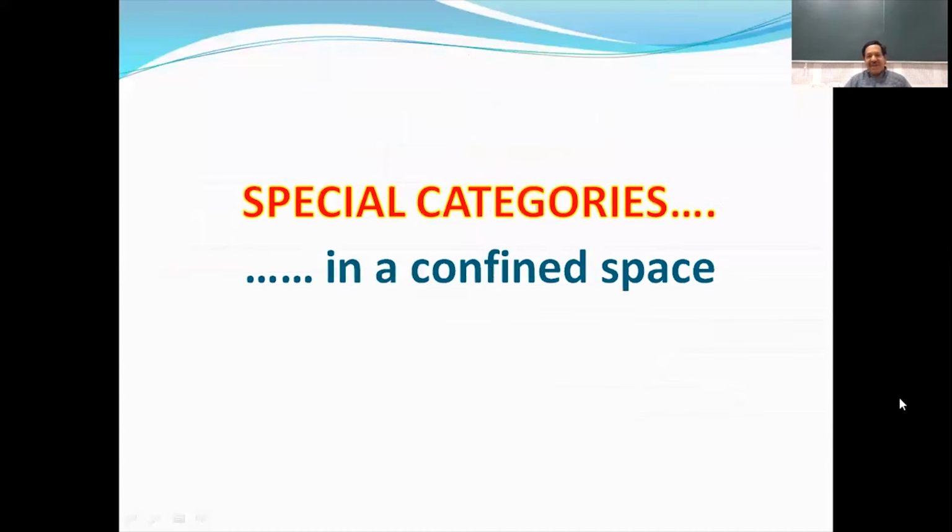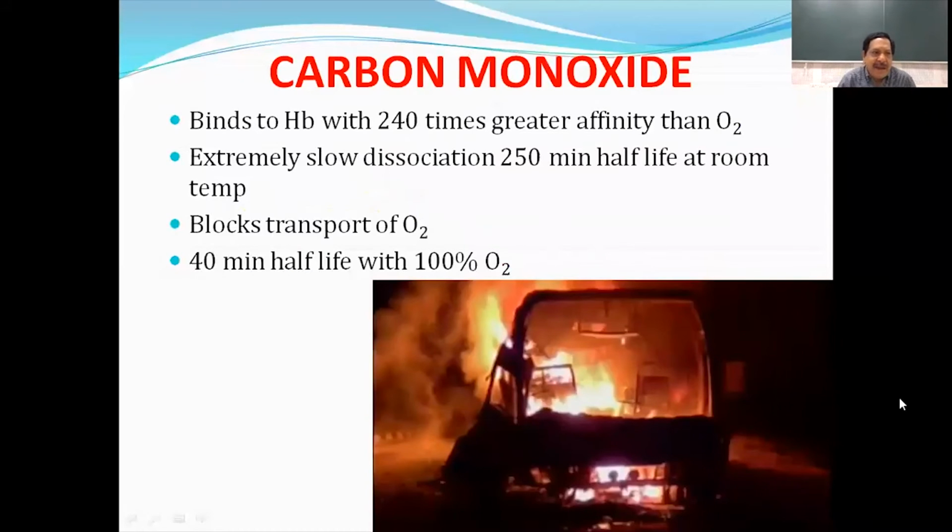Special categories, when it occurs in a confined space like a room, in a vehicle, in a train compartment, in a house, what happens? Here, apart from thermal burns, you have inhalation injuries, because carbon monoxide, which is produced, binds with hemoglobin with 240 times greater affinity.